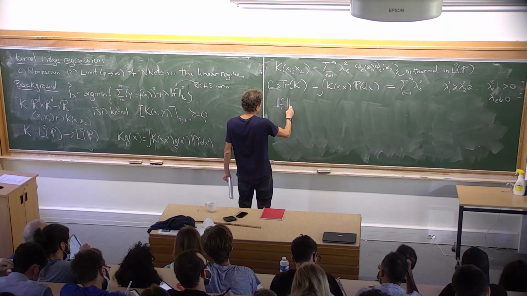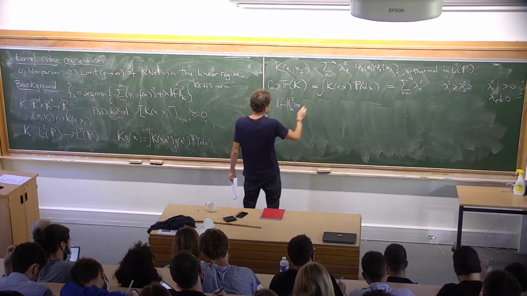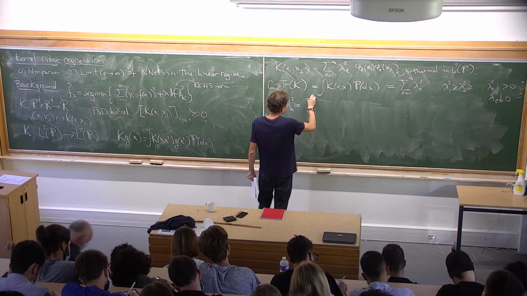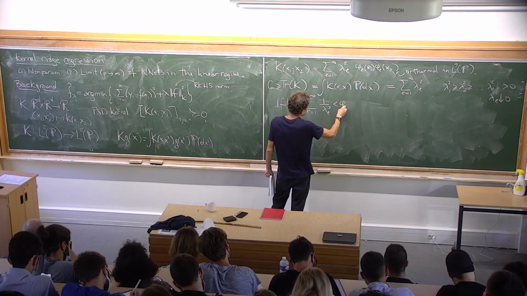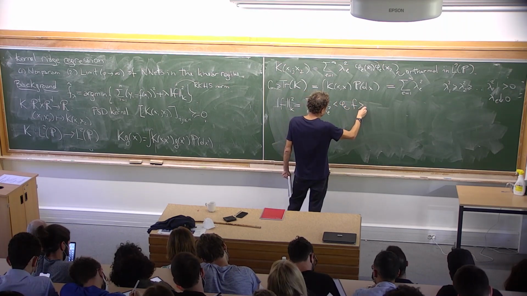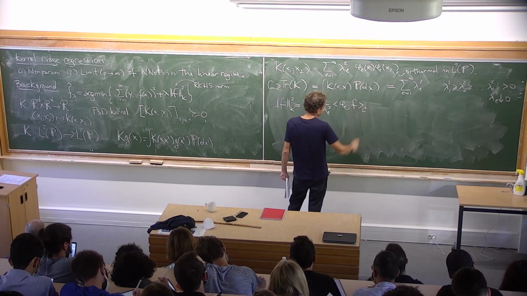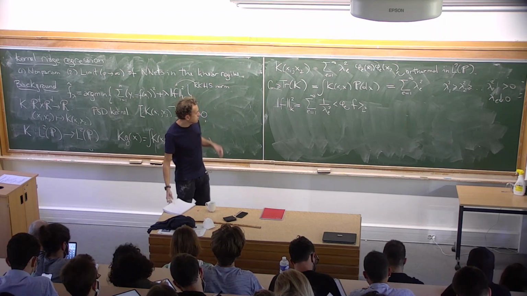Now I can define the norm, and this is the sum over l of 1 over lambda_l squared times the square of phi_l applied to f. So this defines the norm.